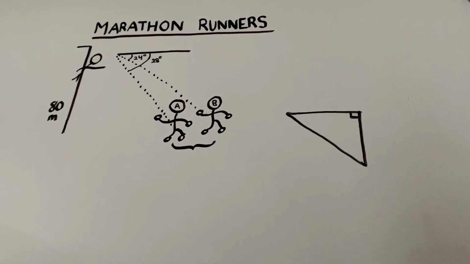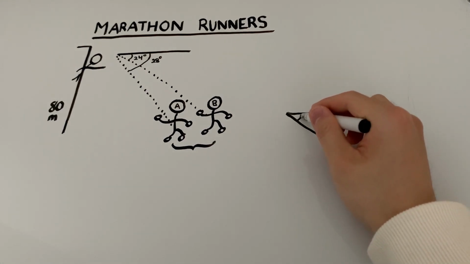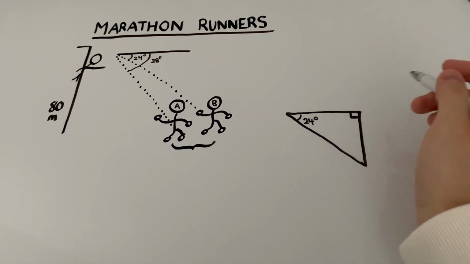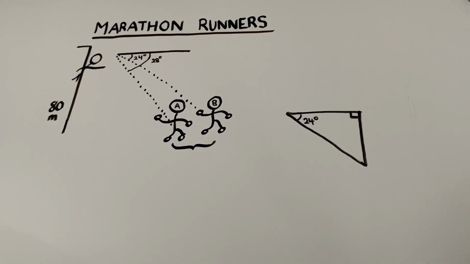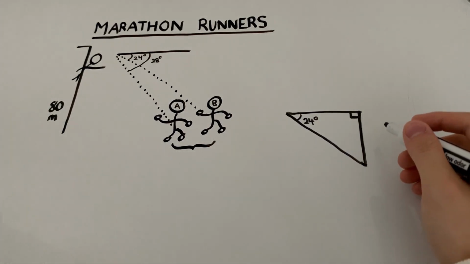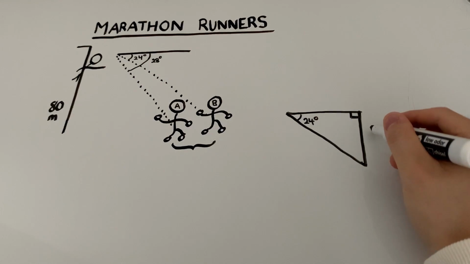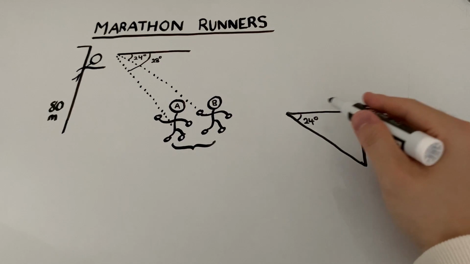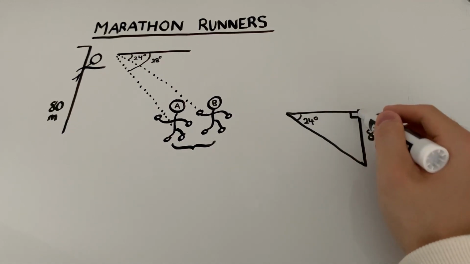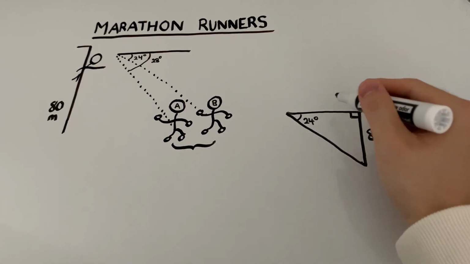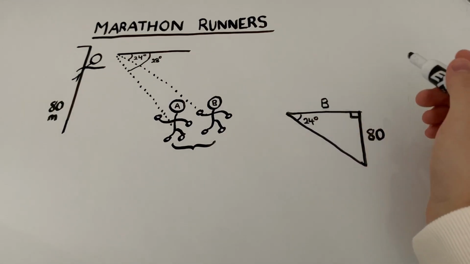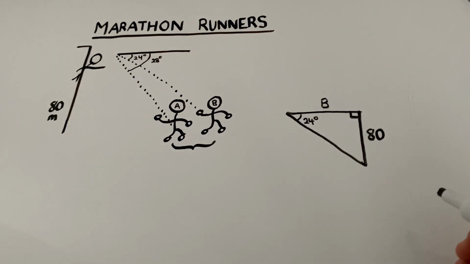And let's just fill this in. The observer is watching from a height of 80 meters. So this is an 80. And we'll call B's horizontal distance from the building to just be B. Now we can also draw A's triangle.